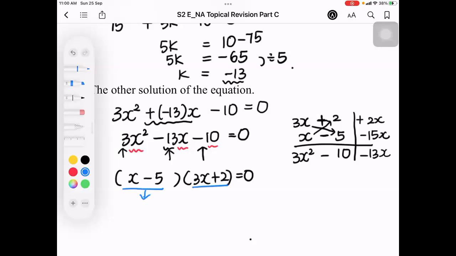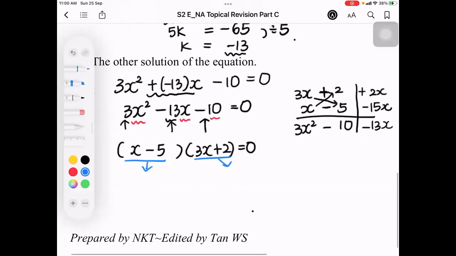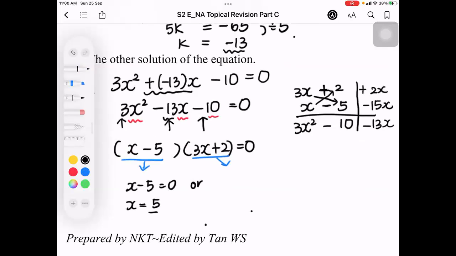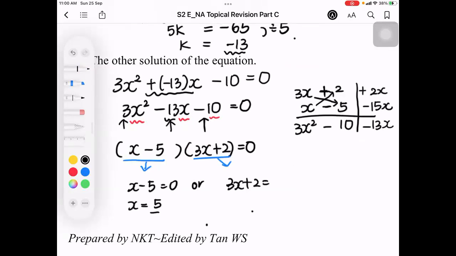First answer, second answer. First answer is x minus 5 equals 0. The other answer, 3x plus 2 equals 0. 3x equals minus 2. x equals minus 2 over 3.